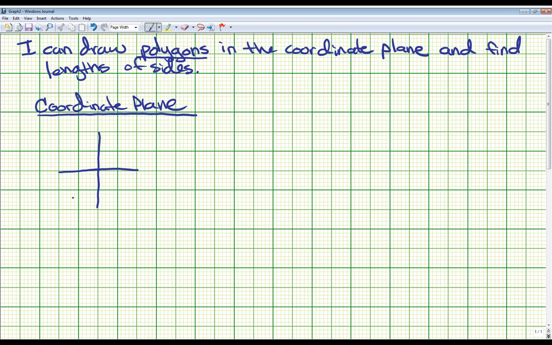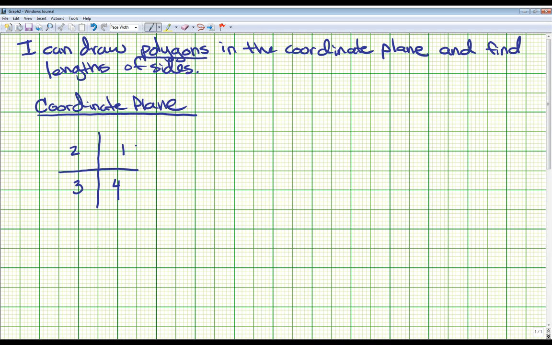it's drawn like this, and there are 4 different sections of a coordinate plane, and these are all called quadrants. So this quadrant right here is quadrant number 1. This quadrant is quadrant number 2. Then this is going to be quadrant number 3, and this is quadrant number 4.